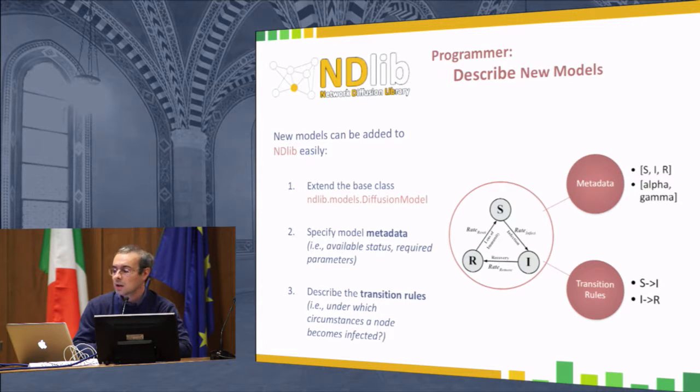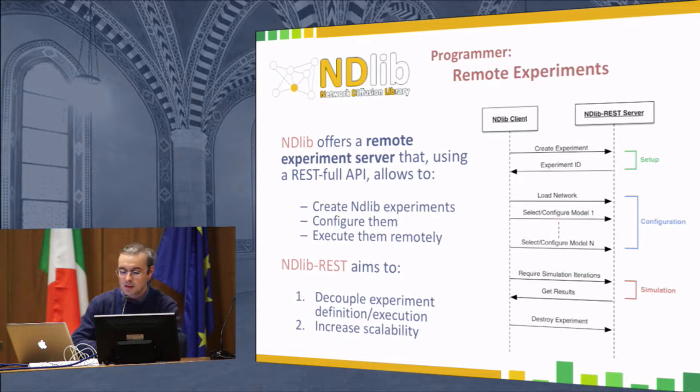This extensibility allows us to spread the use of this library not only to students or analysts, but also to researchers who want a common framework to model their diffusion processes. The second way the library can be used by programmers is a more tricky one, if you want to say.